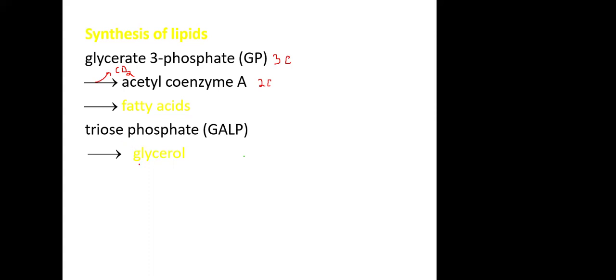Okay, now when we get a glycerol and fatty acids, then you are going to have what we call lipids. If you remember from your chemicals of life, how many glycerols and how many fatty acids do we need to form lipids?